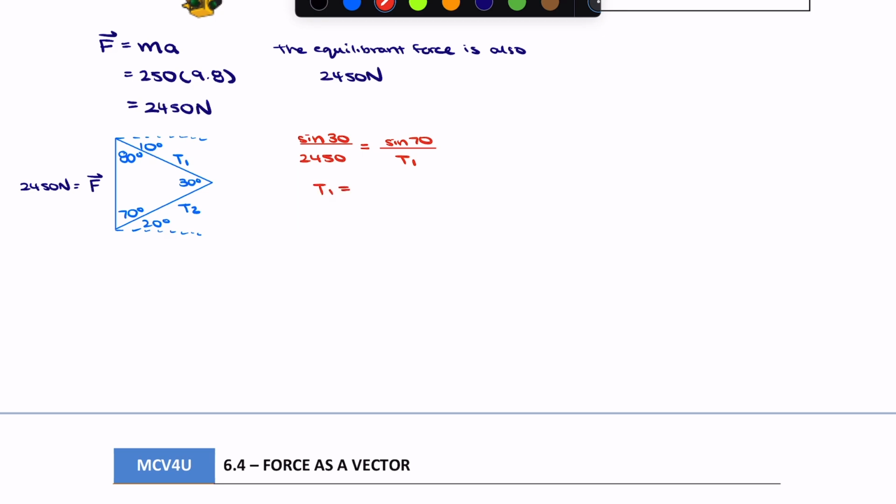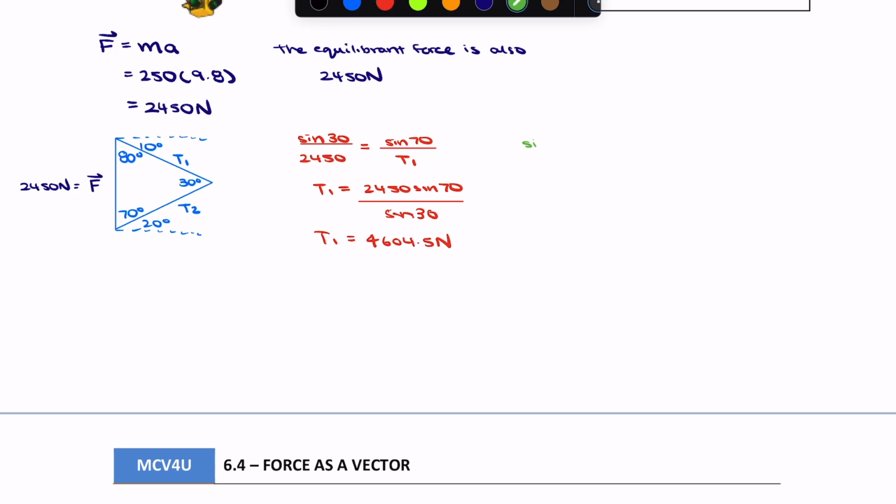And so tension 1 is equal to 2,450 sine 70 over sine 30. And so tension 1 is equal to 4,604.5 newtons.